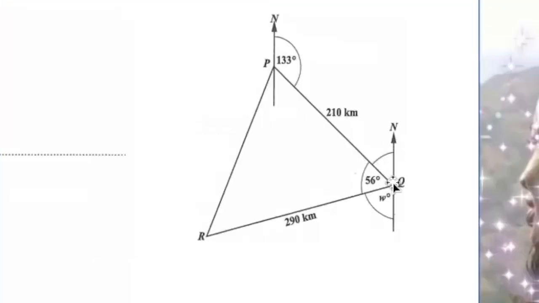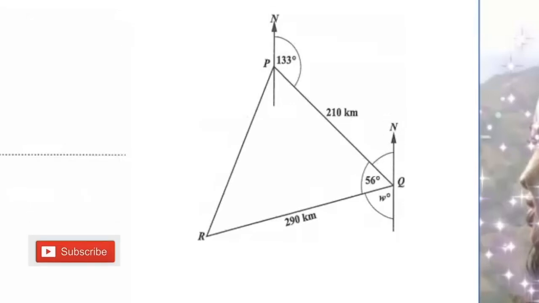So the next question asks, determine the bearing of P from Q. When we talk about bearing to a point, it is the angle measured in a clockwise direction from the north line. So when I'm calculating the bearing, I have to start from the north line.